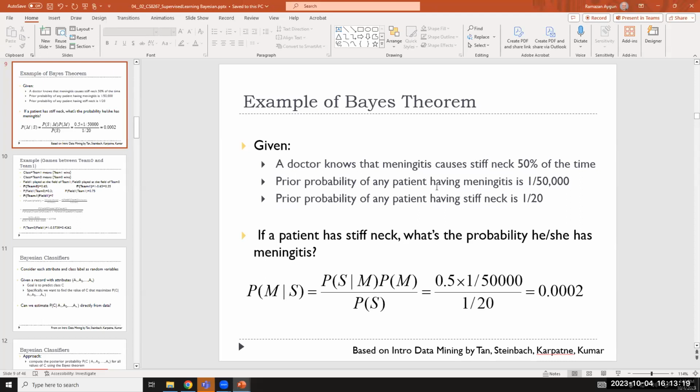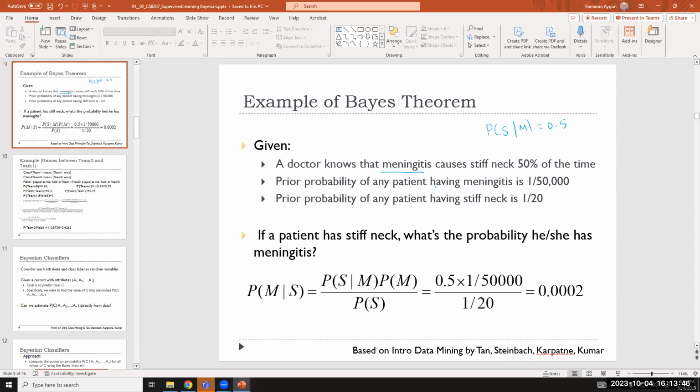So we know that meningitis causes a stiff neck 50% of the time. Let me write this: given meningitis, the probability of having a stiff neck is 0.5.